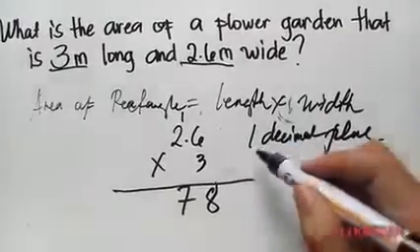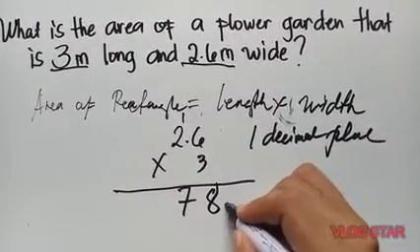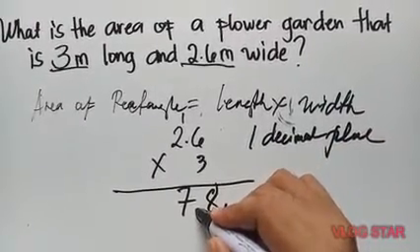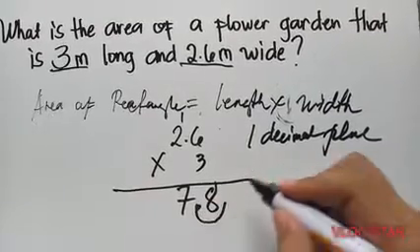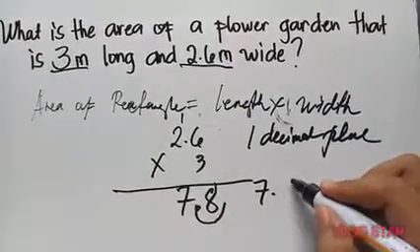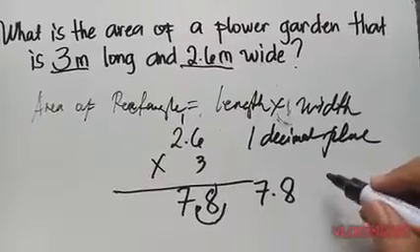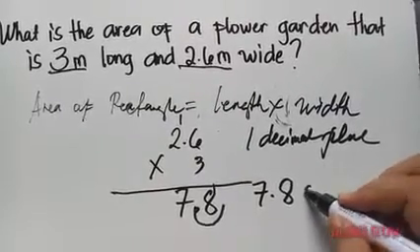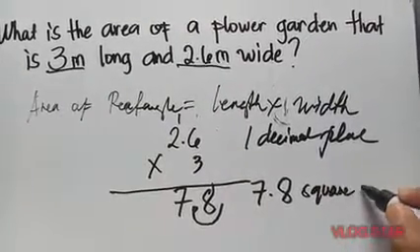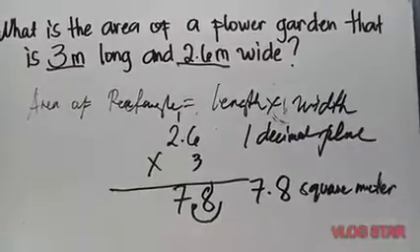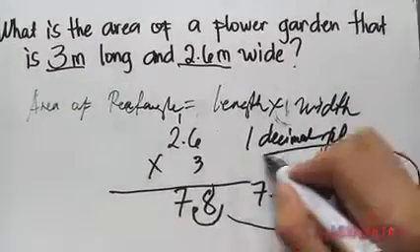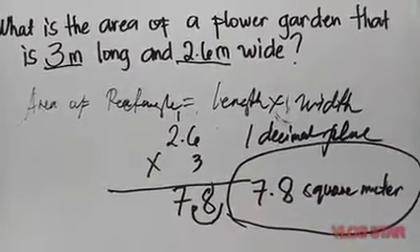So just move the decimal place 1 to the left. So the answer would be 7.8 square meters.